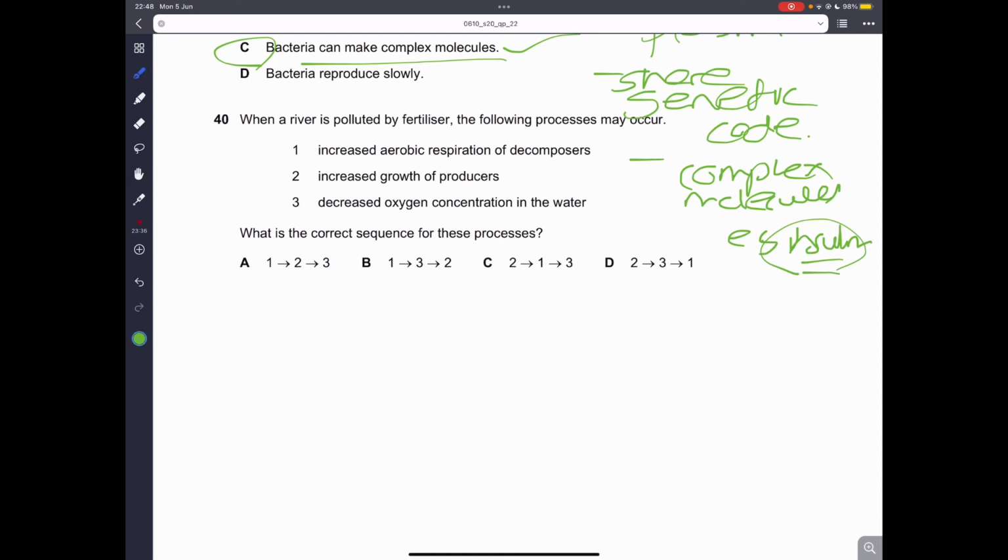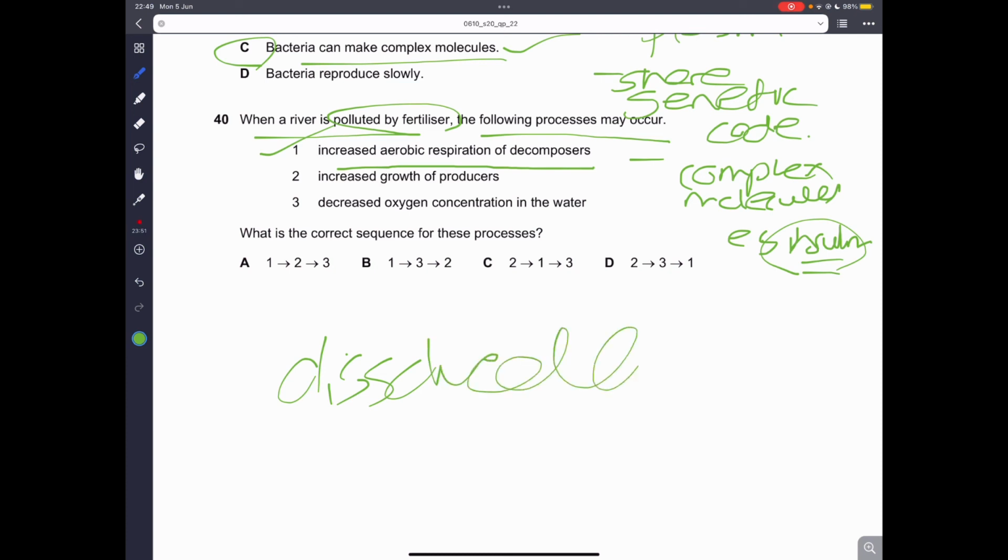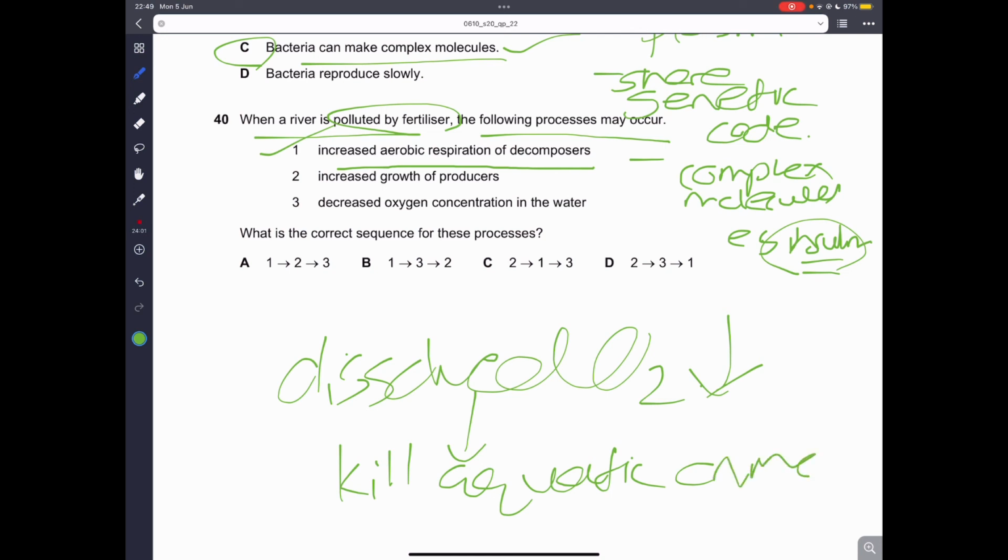Okay, last question. When a river is polluted by a fertilizer, the following processes may occur. Increased aerobic respiration of decomposers. This is correct. This increased aerobic respiration means the dissolved oxygen in the lake or pond would decrease, and this would kill the aquatic animals and plants as well.